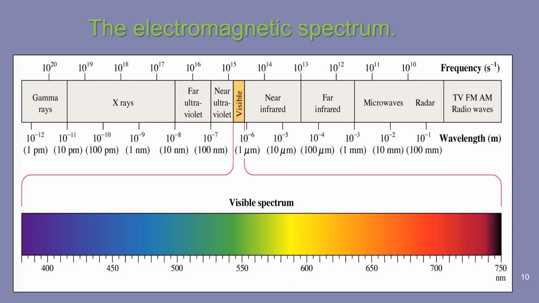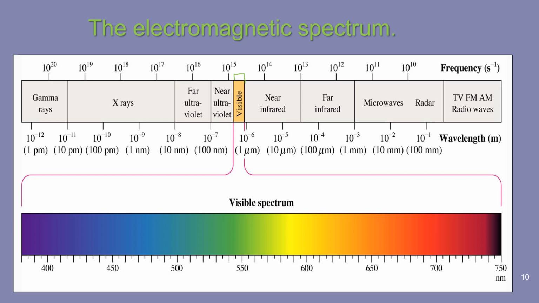We can detect them. Here's what the electromagnetic spectrum looks like, and notice that visible light is just a very small portion of this whole spectrum. Here we have wavelength, greater than 1.